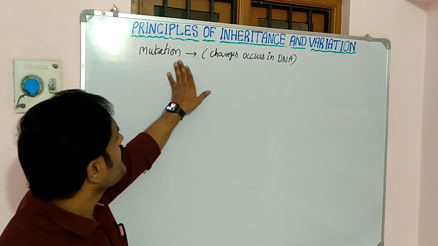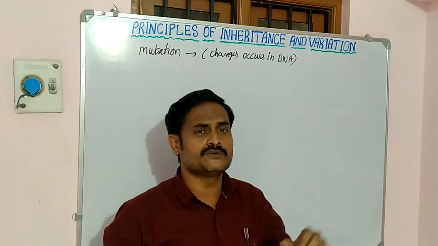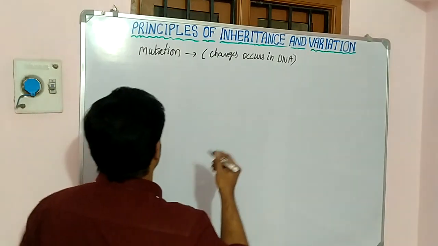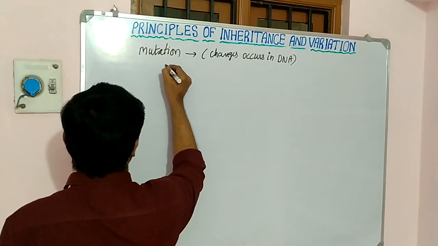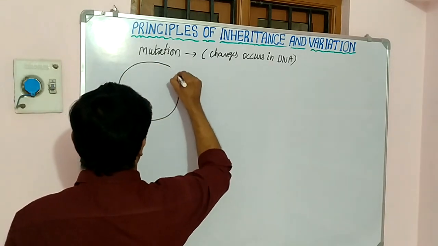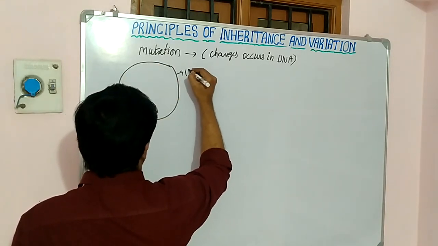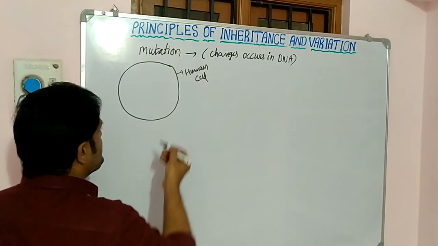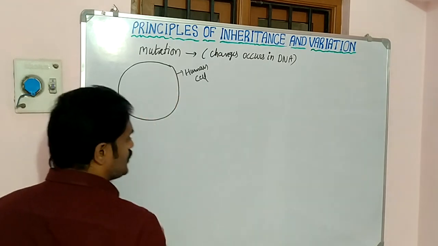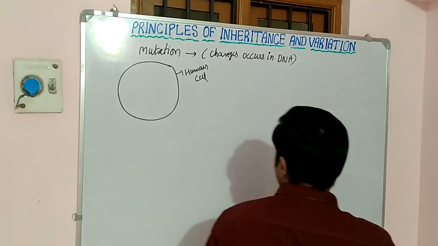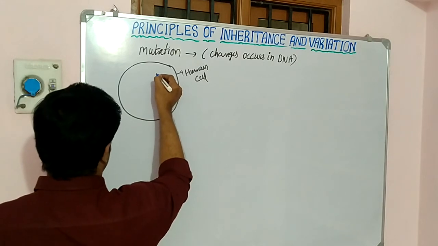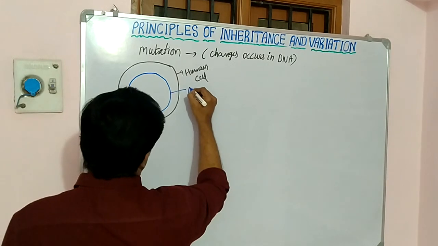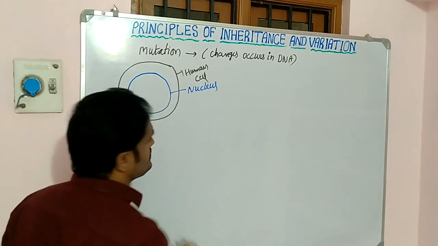Now coming to mutation, how does mutation occur in the human cell? See, I will take one normal human cell. Suppose this is a human cell. Inside the cell there is a nucleus, as you already know very well. See, this is called the nucleus.